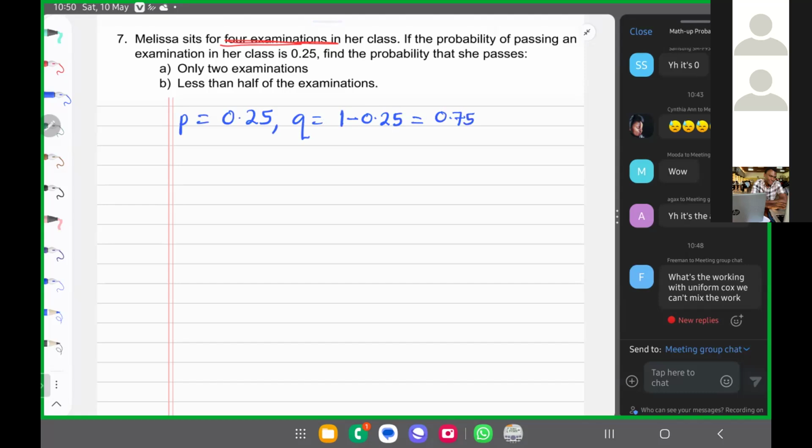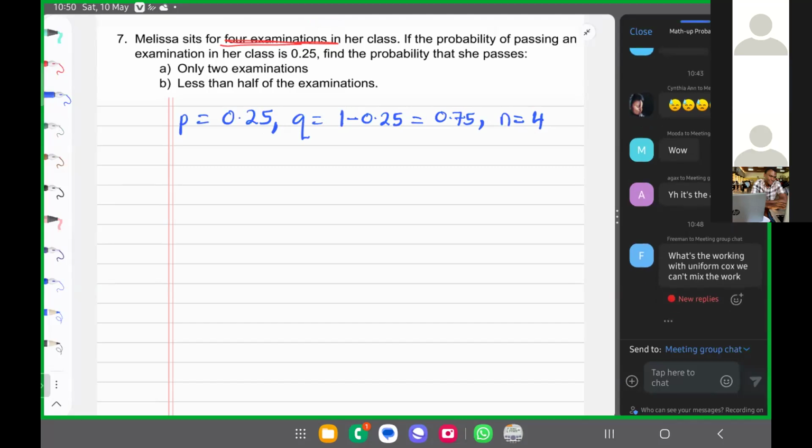The event is carried out 4 times because she's sitting for 4 examinations. So our n is equal to 4. It's a binomial distribution, and we have to find the probability that she passes part A, only 2 examinations. So the probability of passing 2 examinations.